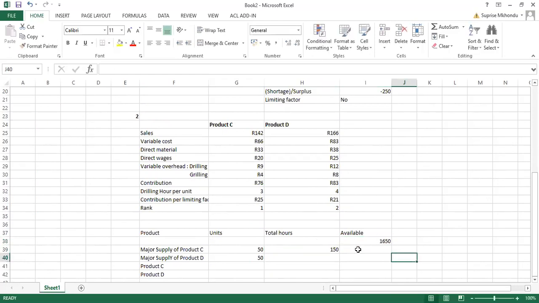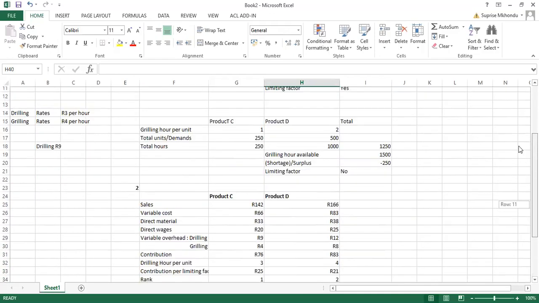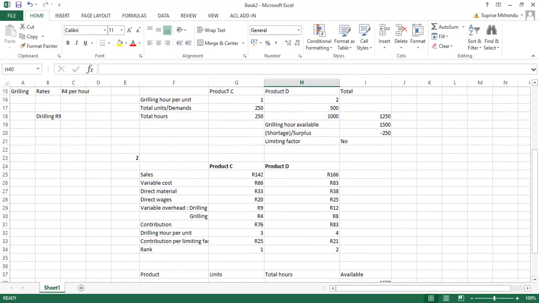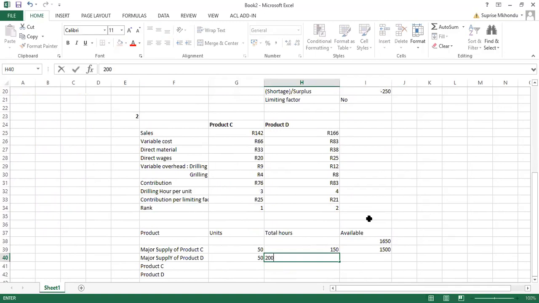So how much is remaining? 1,500. This one, how much is it going to take? Product D, 50 times 4 is 200. So I take 200. So how much is remaining? 1,300. And then now we can start with our normal one.